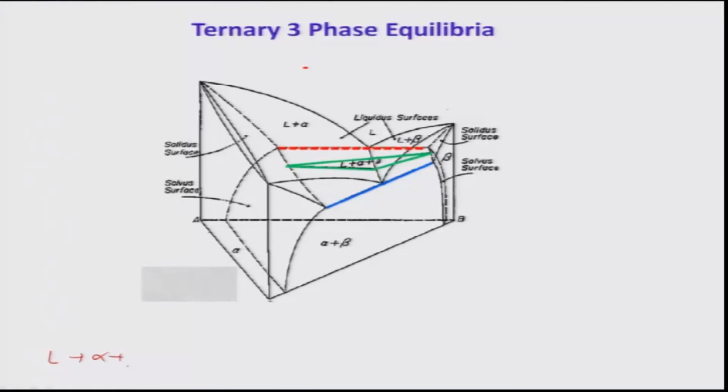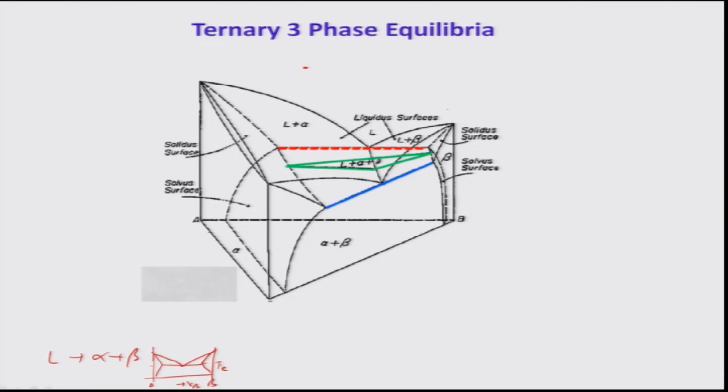In a binary system, you have a eutectic, liquid going to alpha plus beta. 3 phases can coexist in a eutectic phase diagram, or a peritectic, or a syntectic, or a monotectic. And this is represented by a horizontal line parallel to the compositional axis. This is the eutectic temperature here.